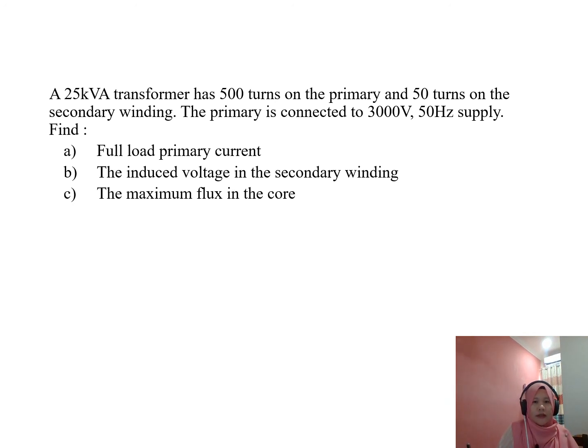To calculate the maximum flux in the core, let's say we refer to the secondary part. We obtain E2 is equal to 4.44 multiplied with the frequency, the number of turns at the secondary, and psi m.